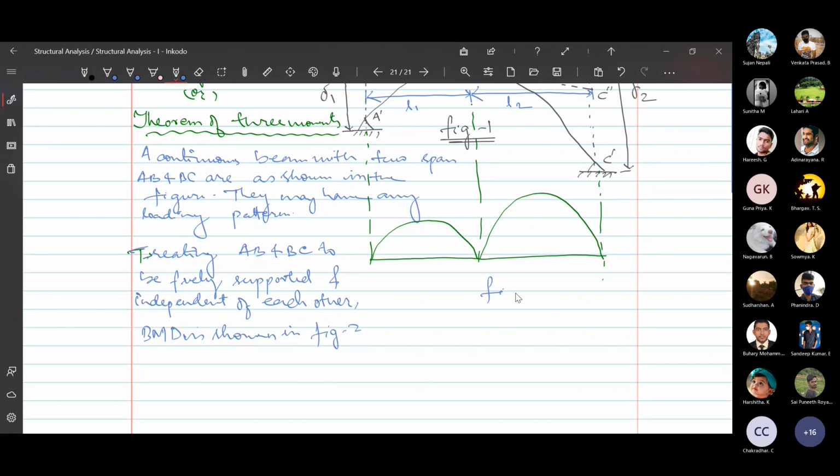This is figure 2. Okay, so let us say the centroid here is at A1 and here it is at A2.